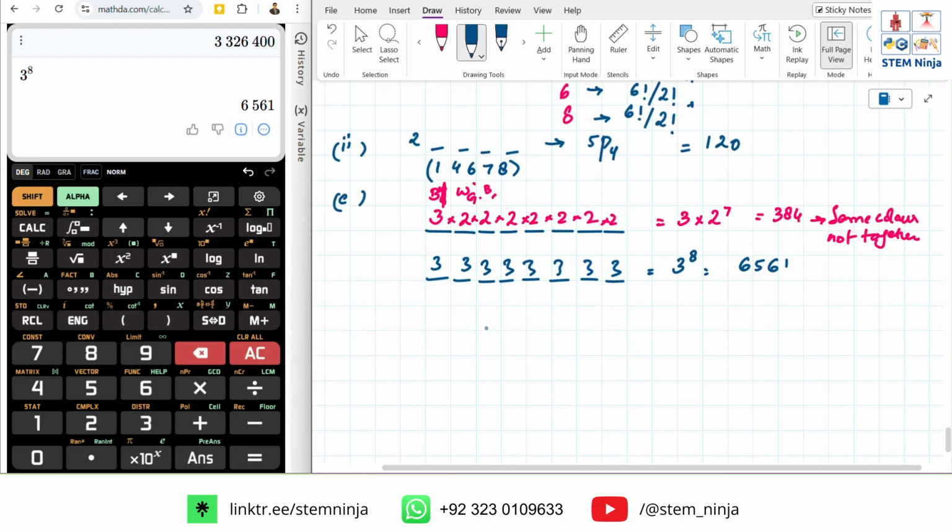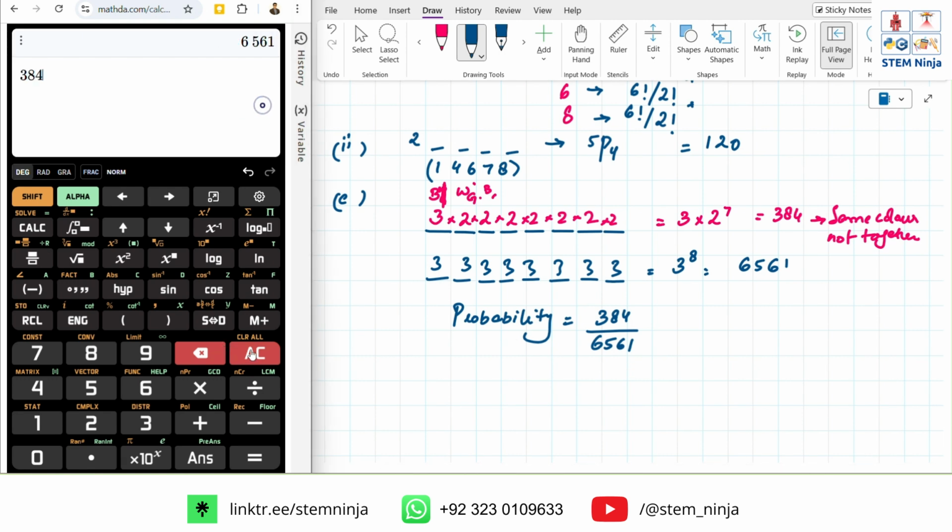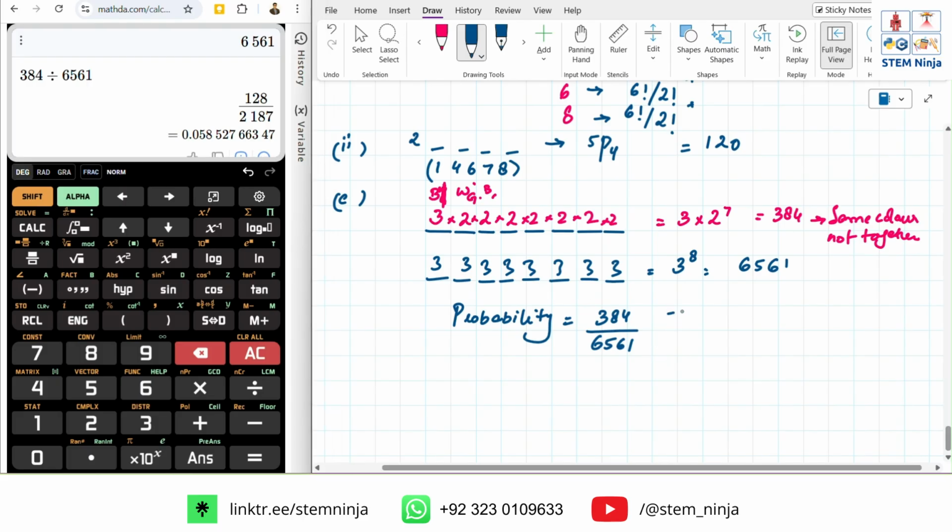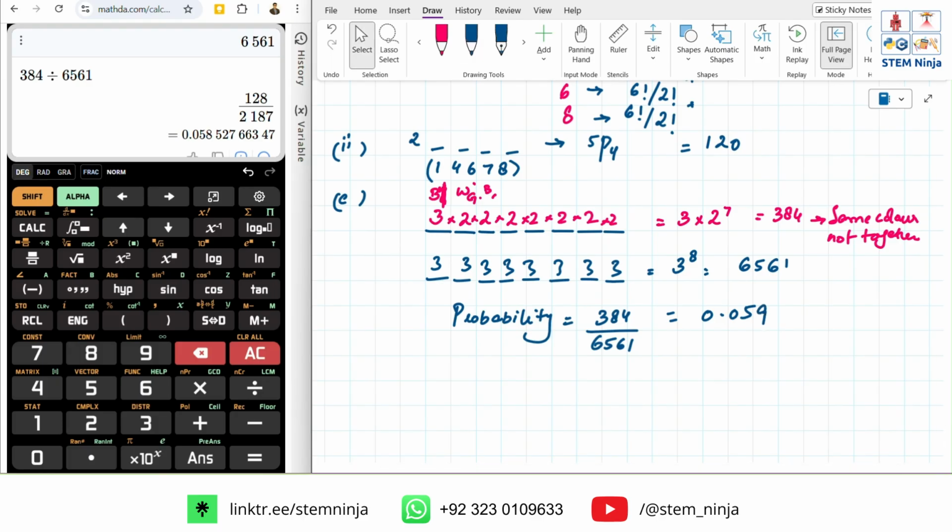So the probability would be 384 divided by 6561. So this would be 0.0585, to three significant figures 0.0585.